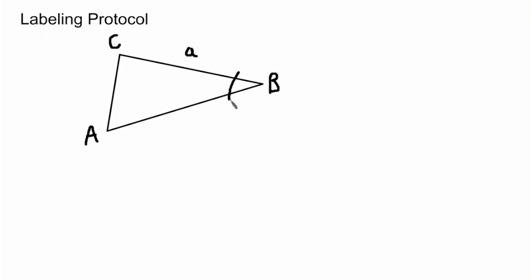From angle B, the side length opposite from it, I'm going to call lowercase b. And finally, my remaining side length is opposite from angle C, so it's going to be lowercase c. So it's just a standard way to refer to sides and angles. The opposite angle and the side length have this uppercase-lowercase relationship.